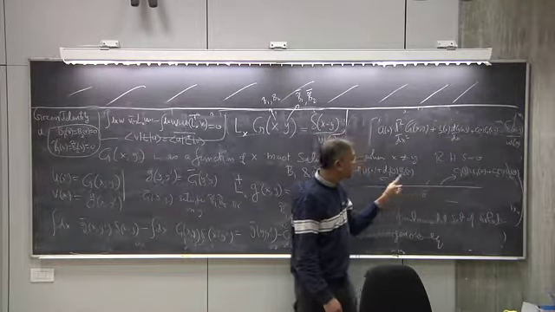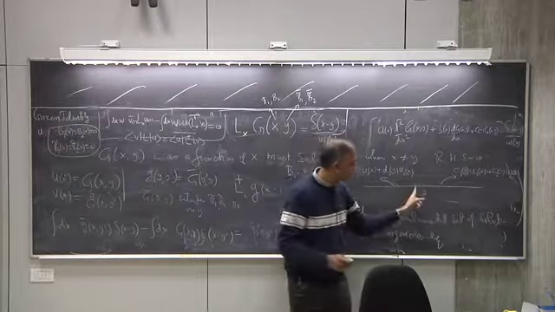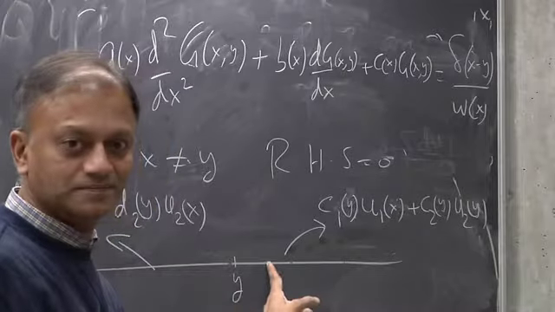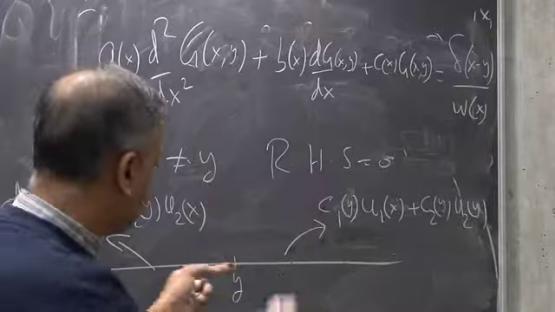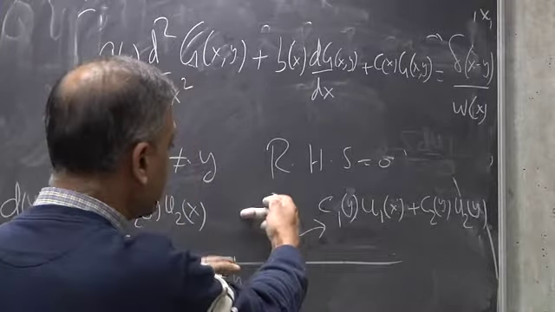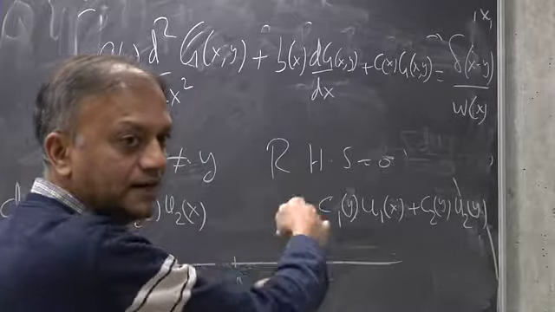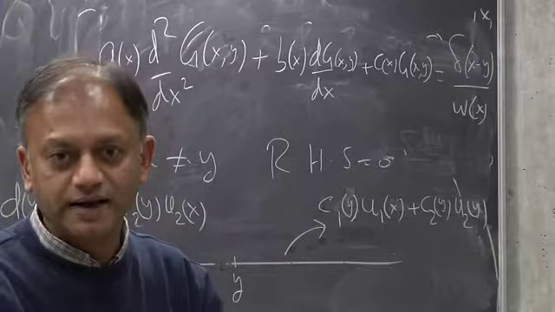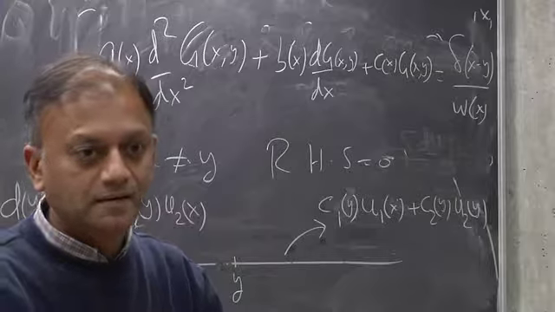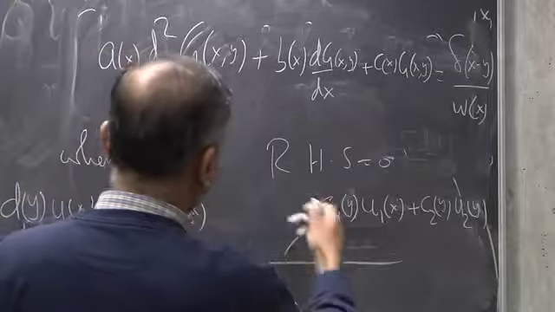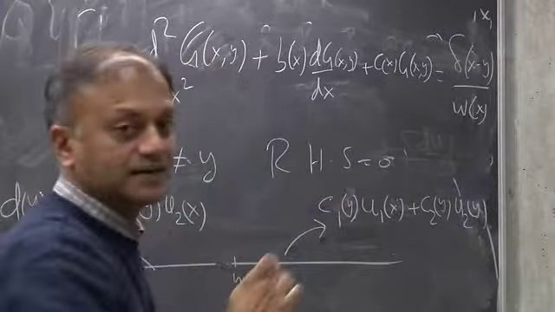So in other words, g of x,y itself must be continuous as you cross from this region to that region, right? Because if g of x,y had a discontinuity as you come from here and as you come from there, then the derivative of that would have given you a Dirac delta function. So this tells me that the Green's function itself must be continuous.